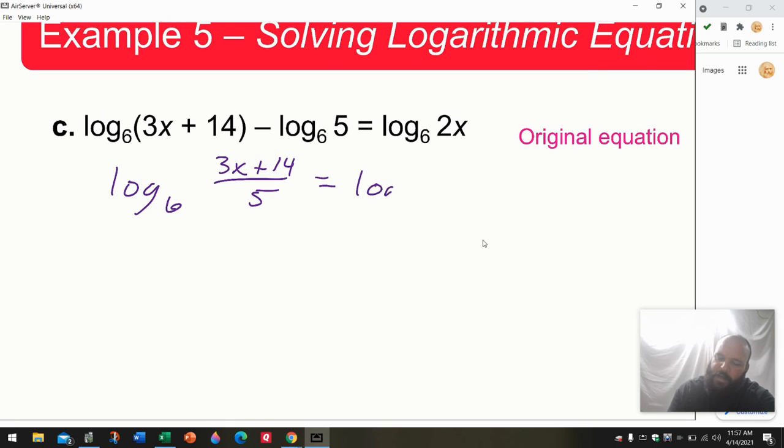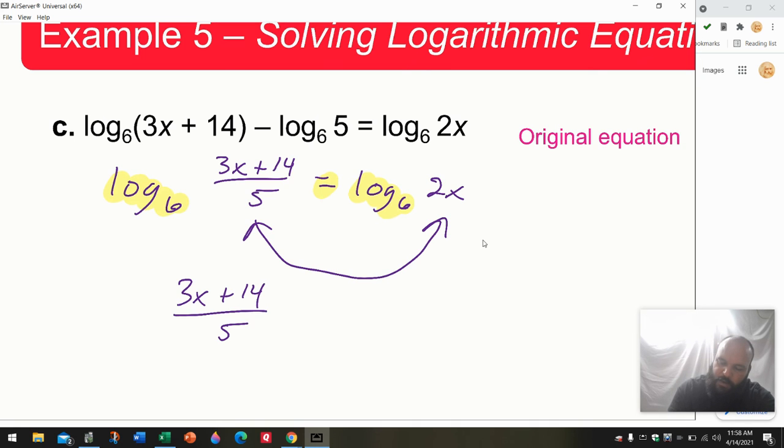Now on the right-hand side, we will not change anything. Once we've combined those two logs together, we will now be able to use the one-to-one property. You can see that this is log base 6 here, and this is log base 6 here. We do know that these two expressions are equal to each other, which means then that this has to equal this. So we will set 3x plus 14 over 5 equal to 2x.